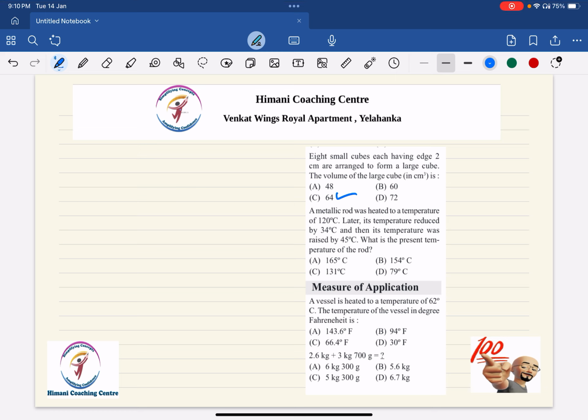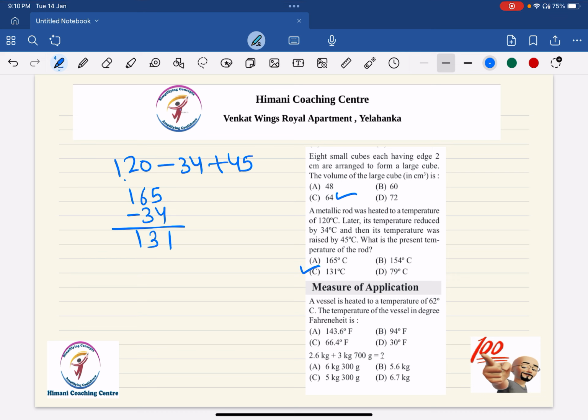So reduced means minus, raised means plus. So initially it was 120, then reduced means minus 34, then raised means plus 45. Okay, so 120 plus 45 is 165 minus 34. So 5 minus 4 is 1, 6 minus 3 is 3. So the answer is C.